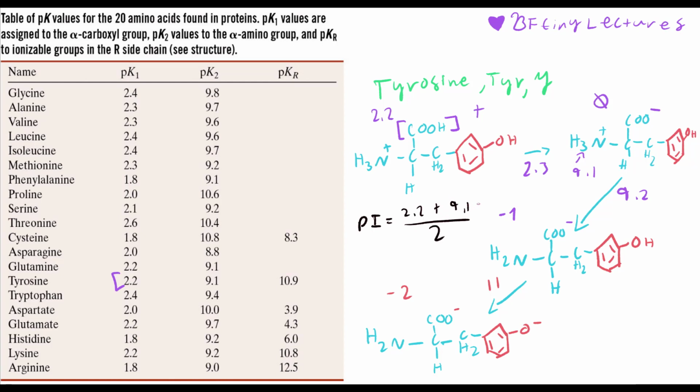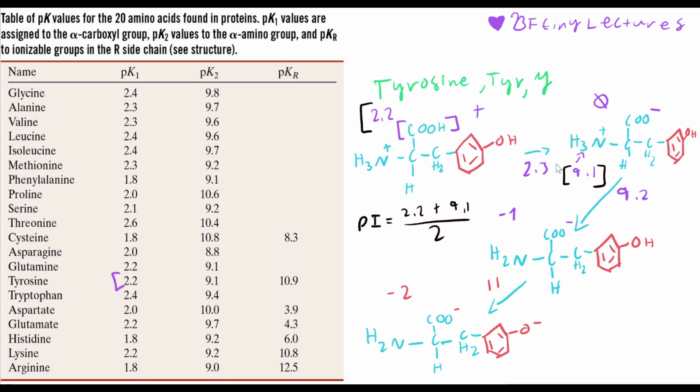Now the reason why we didn't pick the value of 10.9 is because that's not going to give us an electrically neutral compound. Notice that this value right here and this value right here are actually very close to the electrically neutral amino acid.